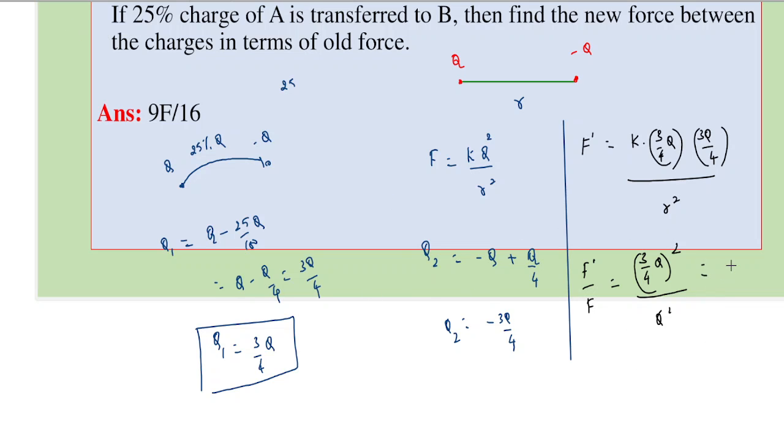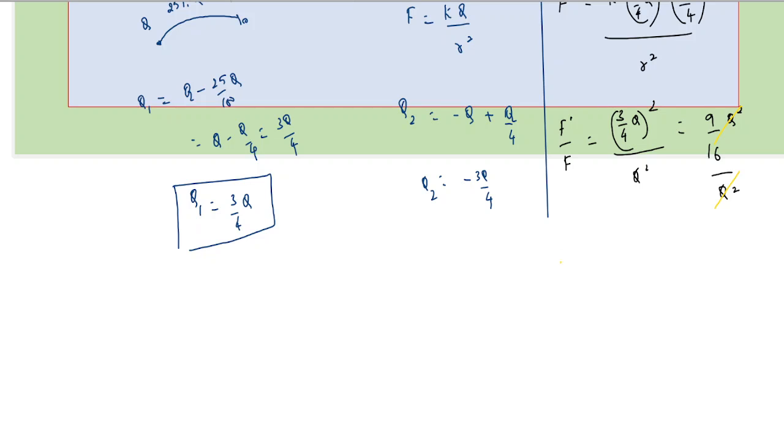That is equal to 9/16 Q square by Q square, and from here this gets cancelled. So finally what remains would be F dash is equal to 9/16 of F. So this is the required answer. Thank you.